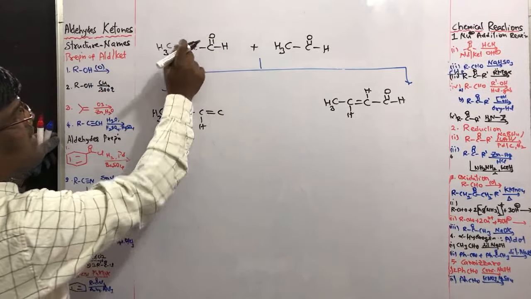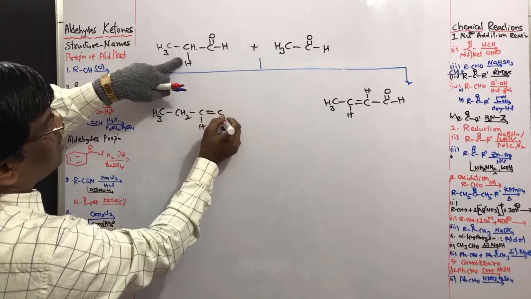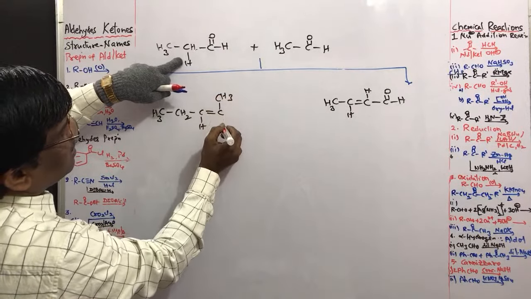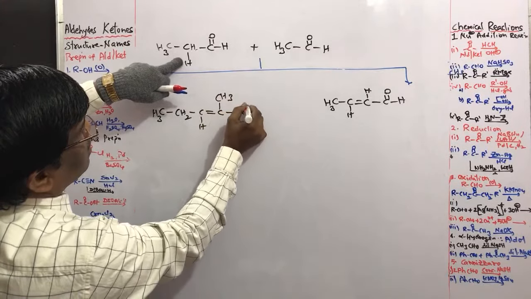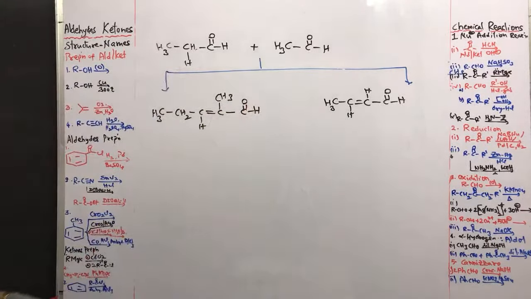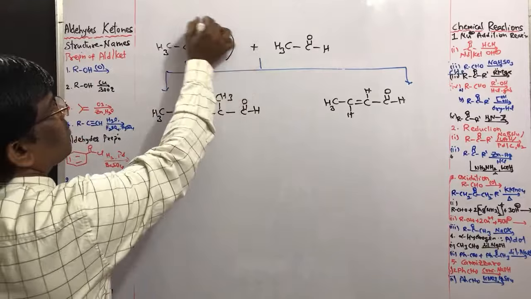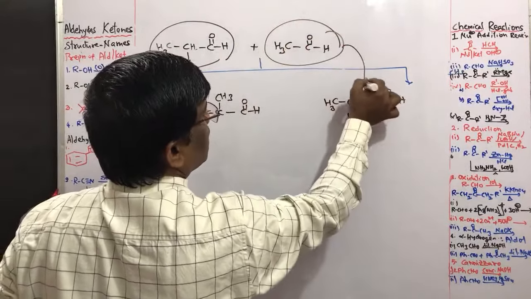In this case, this is going to be out. So this methyl is here, hydrogen. Yes, students, these two are self-condensation products. So this is self-condensation and this is self-condensation.